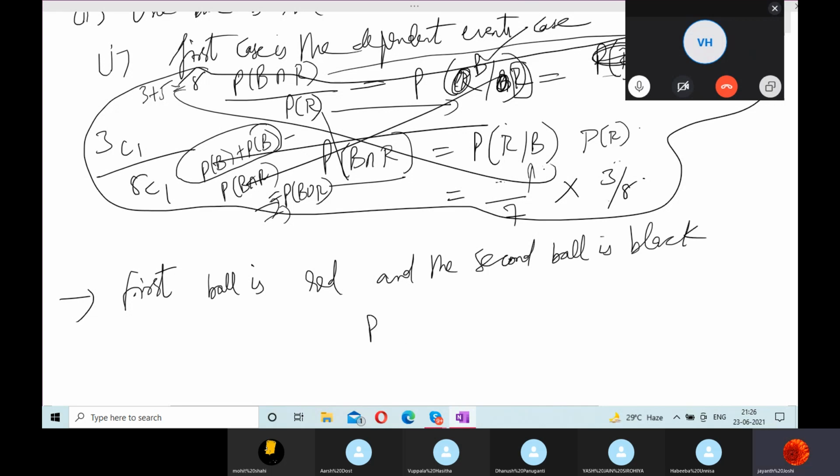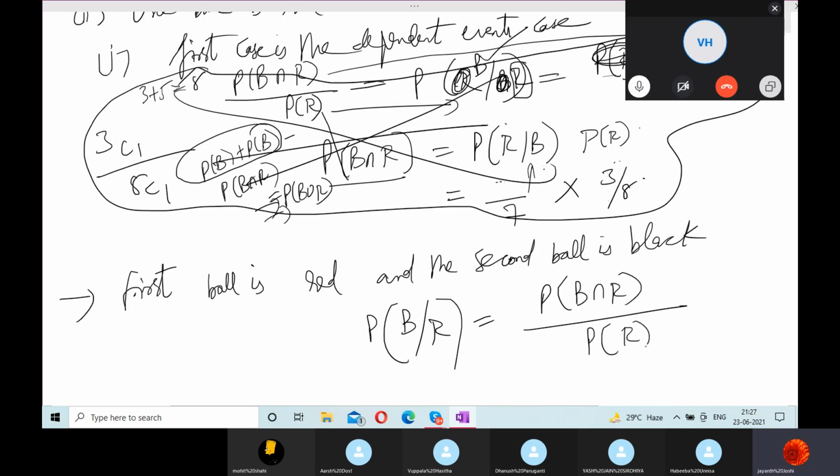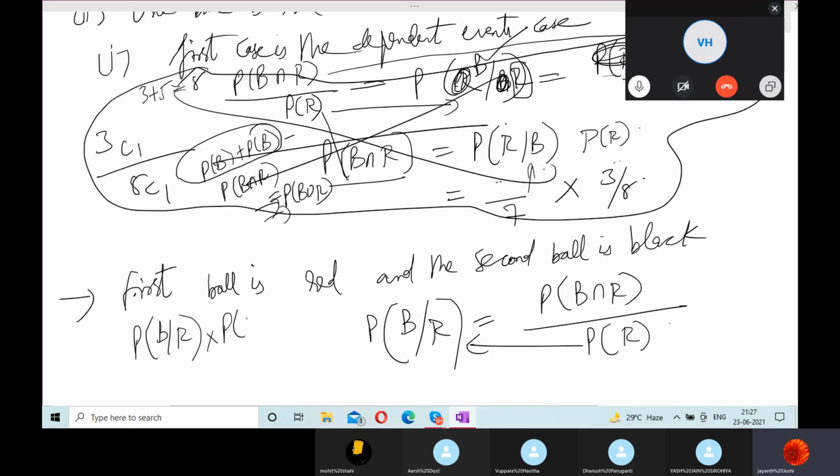That means probability of black ball given red is equal to probability of black and red by probability of red ball. Okay. Now, probability of black given red into probability of red is nothing but probability of black and red ball.